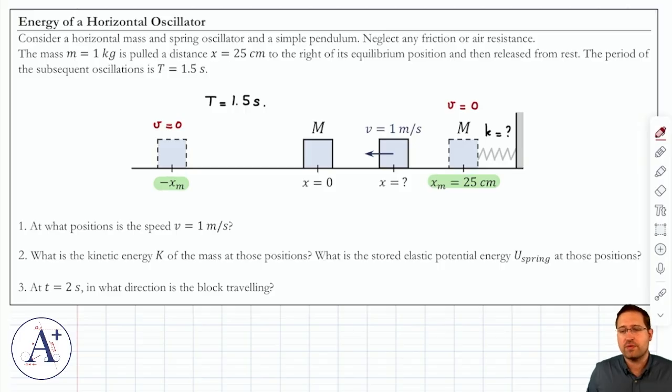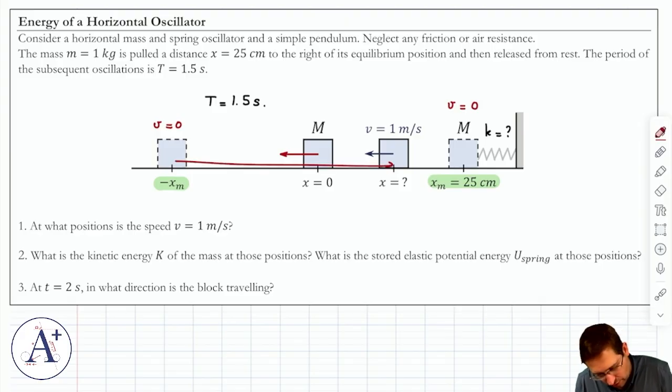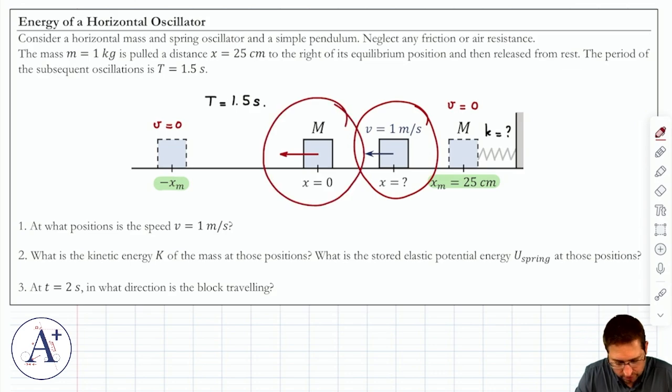Momentarily, v is 0 at the endpoints. What is certainly not the case is that v is 0 at x equals 0, even though maybe it kind of looks like it. Okay, but let's assume that we're moving to the left. Now, half the time when m goes through the equilibrium, it goes to the left, but then eventually it comes back and it goes through the equilibrium to the right. But let's assume that this came first and then a little later it's here.